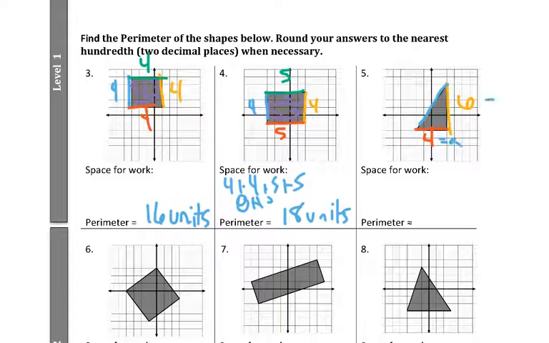There's my A, there's my B. So 4 squared plus 6 squared is going to equal C squared. I'm going to call that C. Okay? And so 16 plus 36 is going to equal C squared. So that's 52 equals C squared.